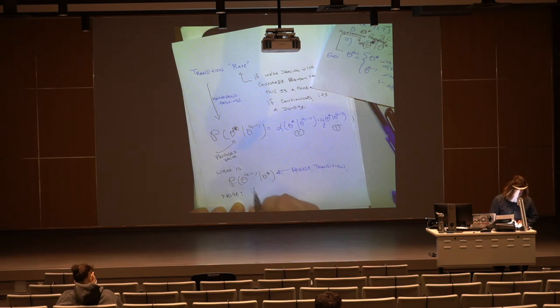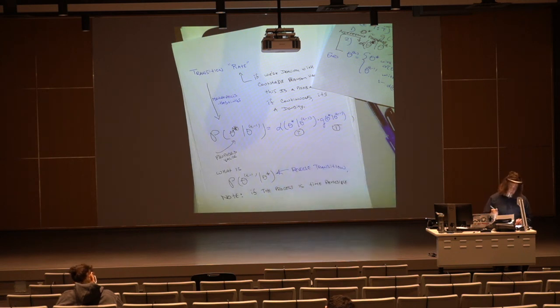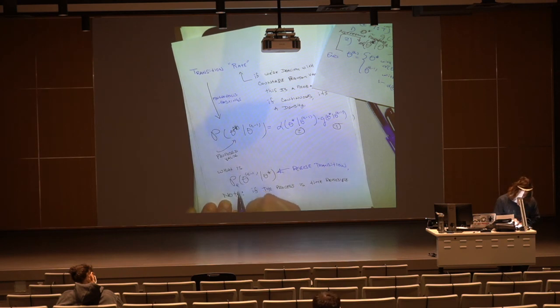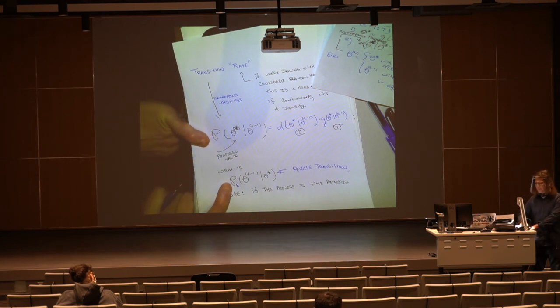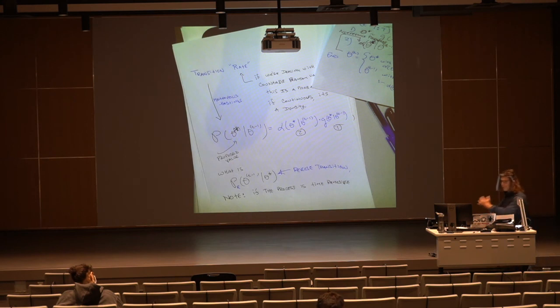Note, if the process is time-reversible, and I'll be a little bit more technical in my notation, I only choose the same letter, but these are different processes possibly in a Markov setup.